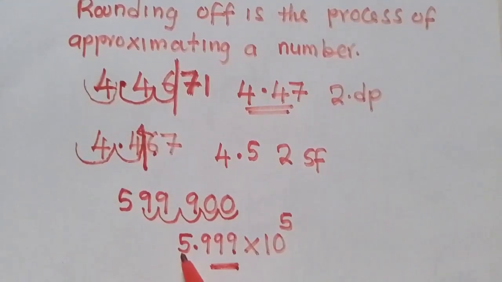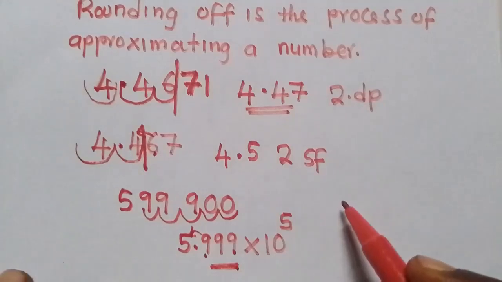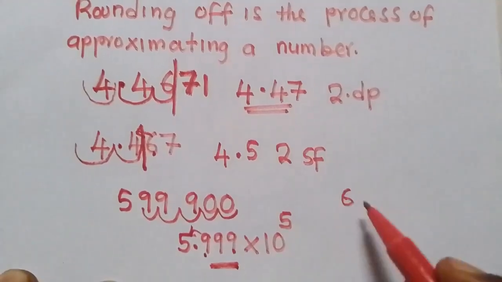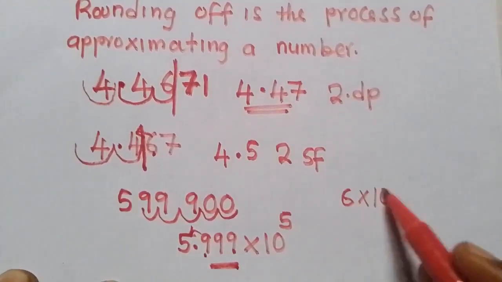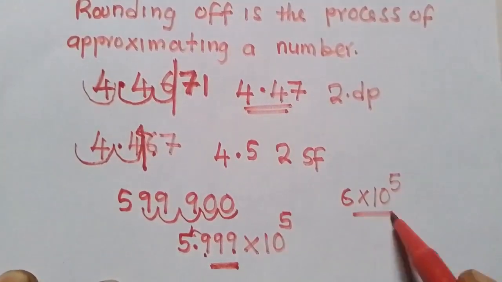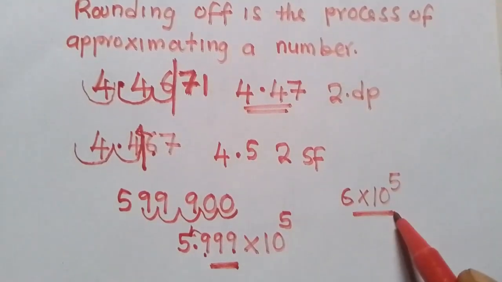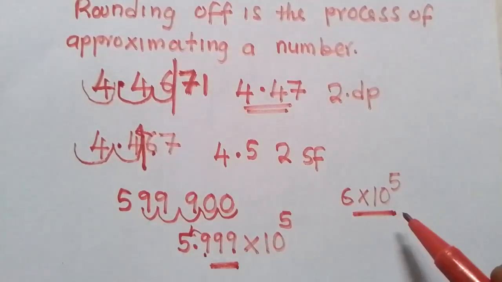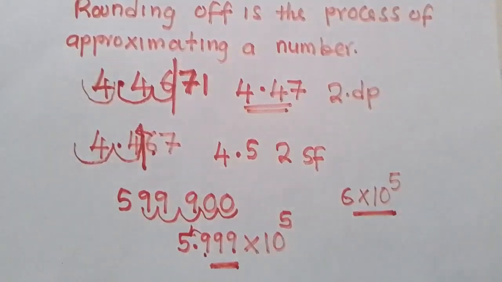So the 5 here, then you just put a 1 here because this one is greater than 5. So this one becomes 6. So it is going to be 6 times 10 to the power 5. This is what it is going to be, to one significant figure.